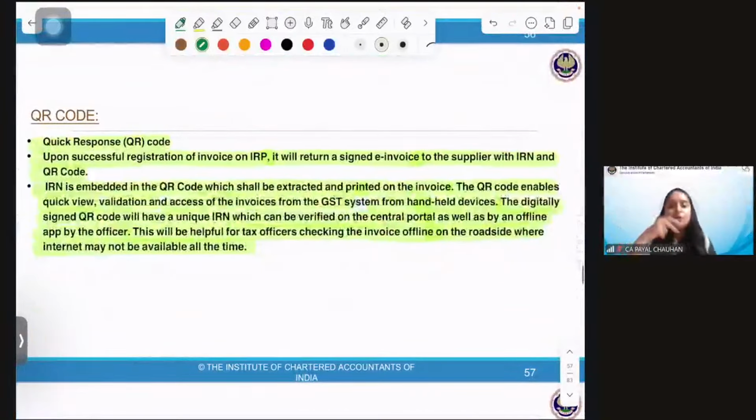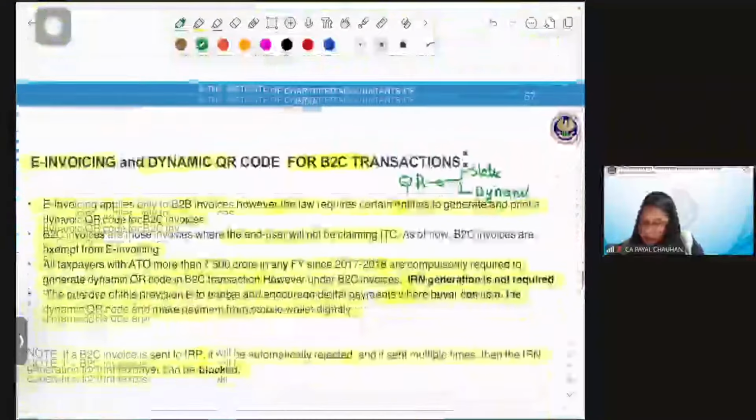Then QR code. How many kinds of QR code are there? Two. Static and dynamic, right? Dynamic is only applicable to me if my aggregate turnover exceeds 500 crore. Perfect.